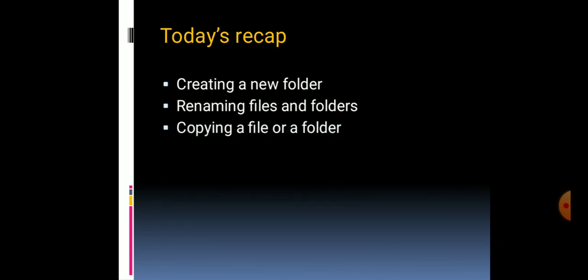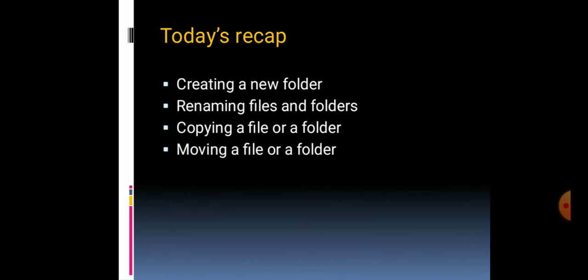Third thing we have discussed is copying a file. We are copying a file or a folder from one place to another. That is, in the original place also it will be available, and in the copied place also it will be available. For copying, we need to use the copy and paste commands in the organize button.